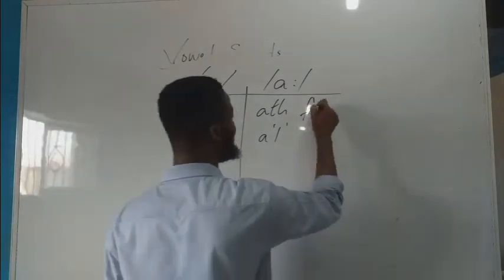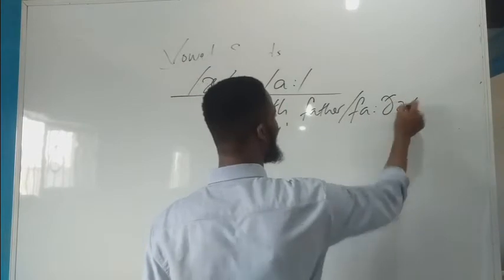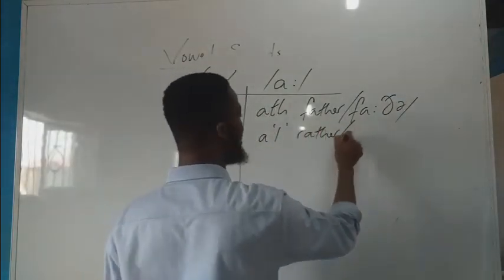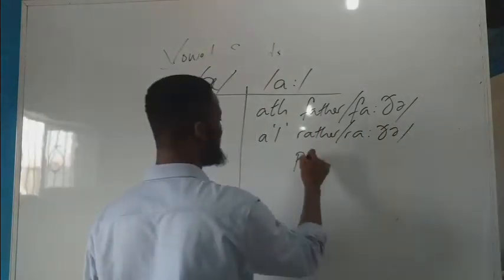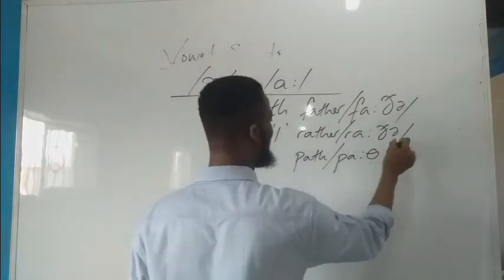If I have FATHER, for example, it's long. This word is pronounced as father. If I have RATHER, it's going to be long. If I have PATH, it's going to be long. This is pronounced as path.